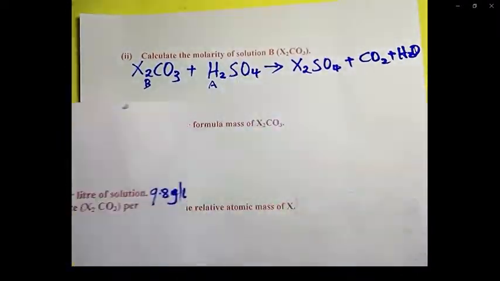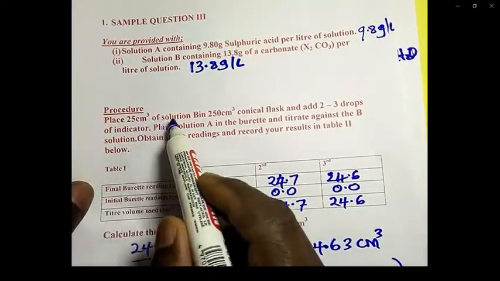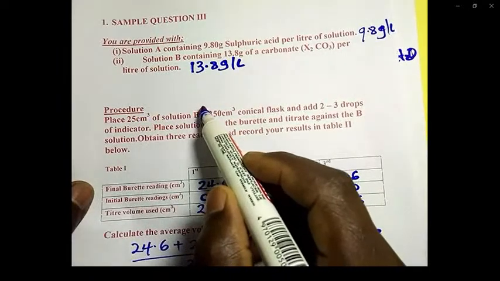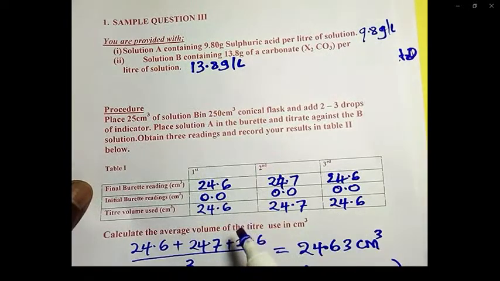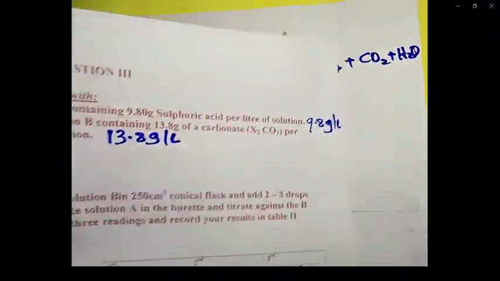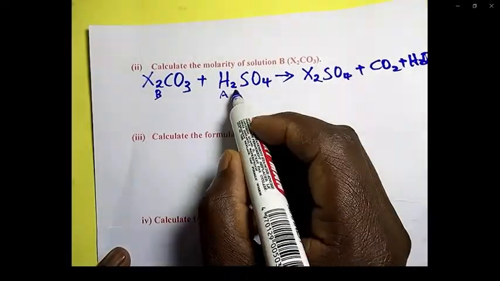You go back. Place 25 centimeters cube of solution B. So 25 centimeters cube of solution B reacted with 24.63 of solution A. So we used 25. So let us start from here. What do we know?